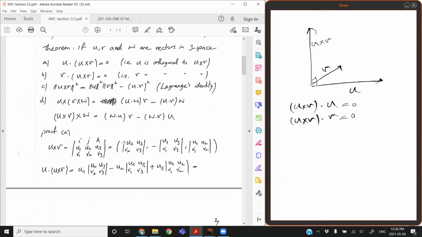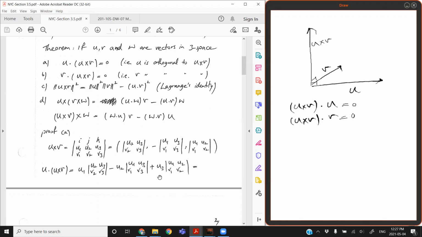So it's going to be the minor of position 1,1 minus the minor of position 1,2, and here you get the minor of position 1,3. And when you do u dot u cross v using the dot product, it's going to be u1 times this plus u2 times this plus u3 times this.